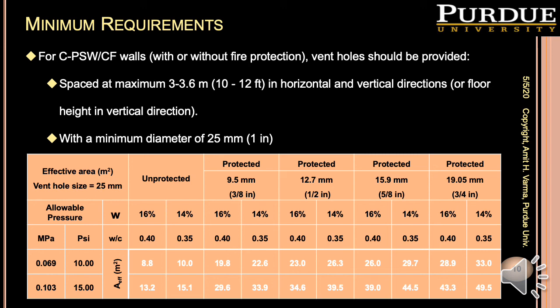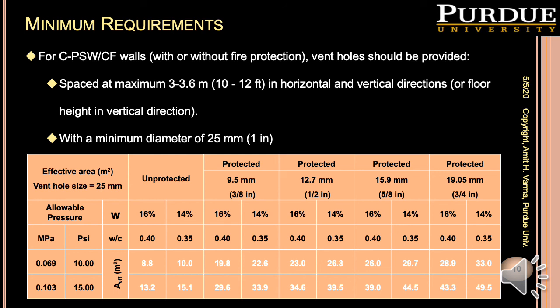What we're calculating is, for different walls, walls with no fire protection, and walls with different thicknesses of fire protection, 3/8 of an inch, half an inch, 5/8 inch, and 3/4 inch, what is the maximum effective area that you can provide? So your effective area needs to be less than this.